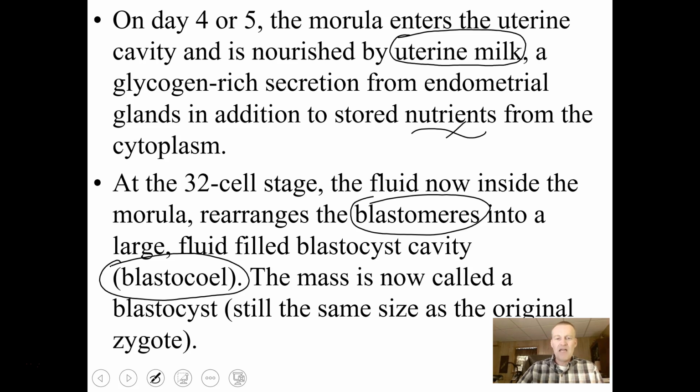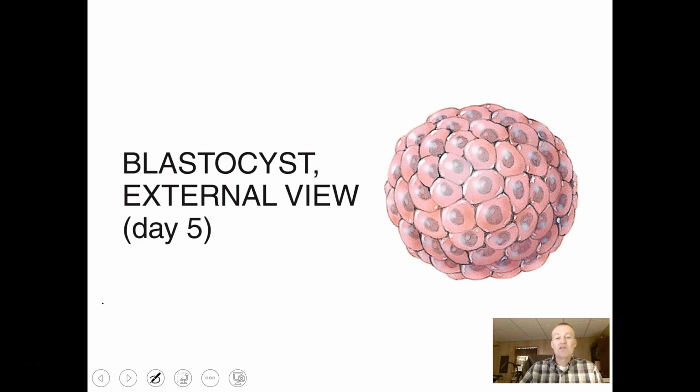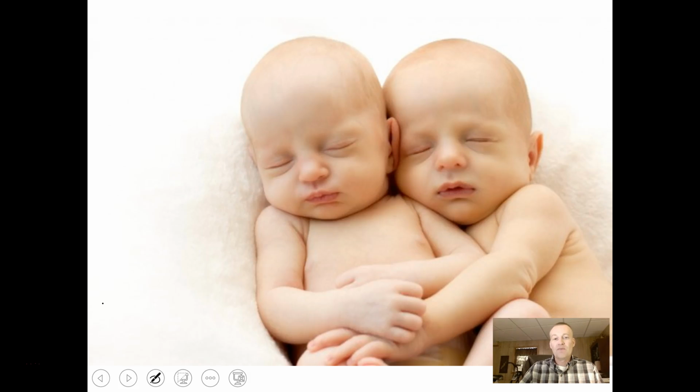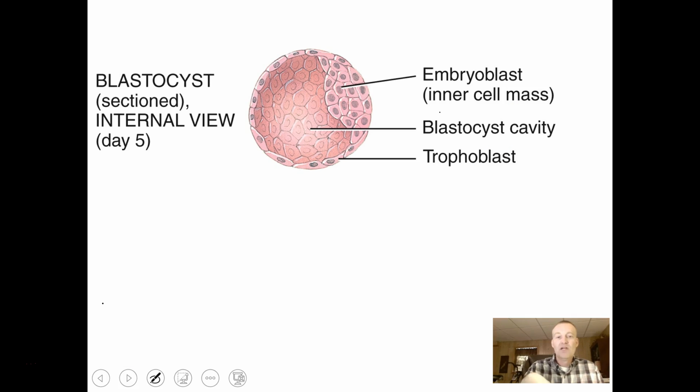The mass now is going to be called a blastocyst. So it moves away from being the morula to the blastocyst. And again, it's still about the same size as the zygote. And this is what a blastocyst looks like from the outside. If you take a cut view of it, it looks like this, where you can see the blastocyst cavity or the blastocele.